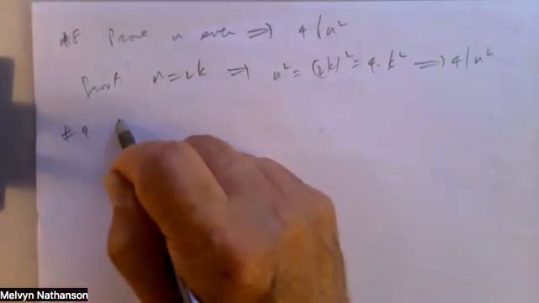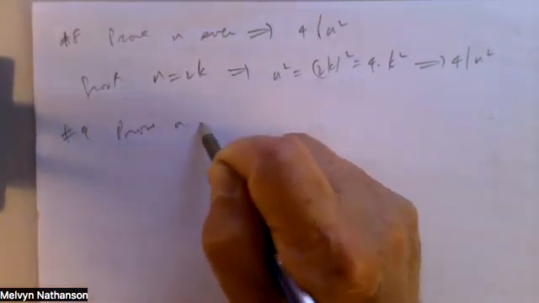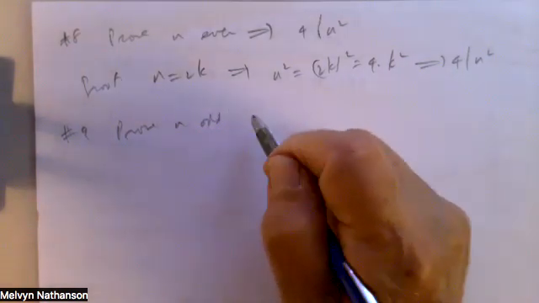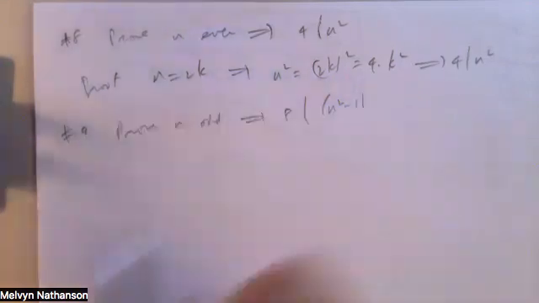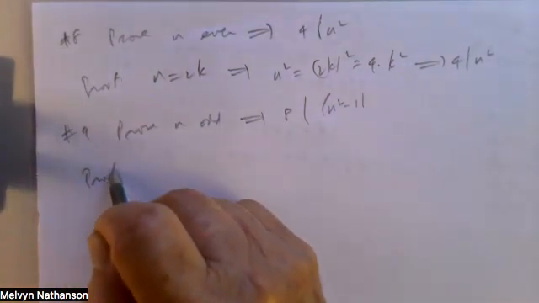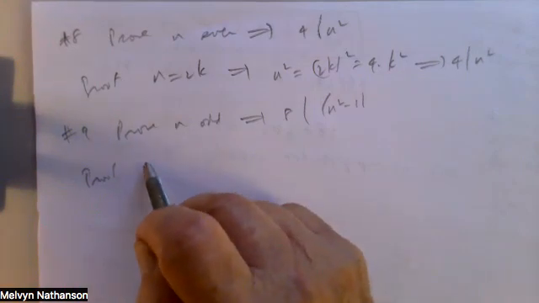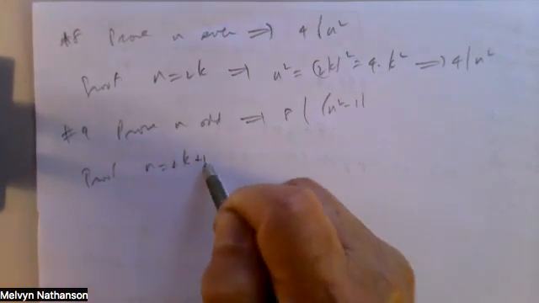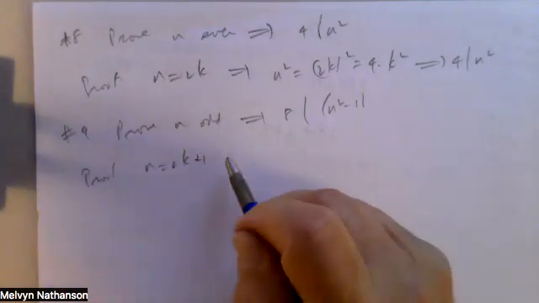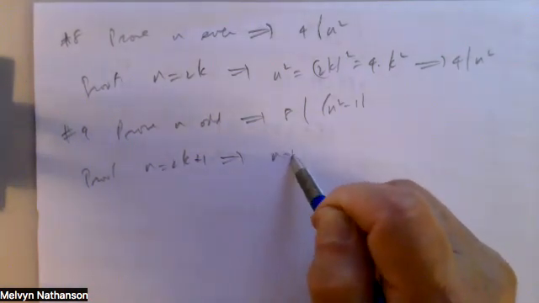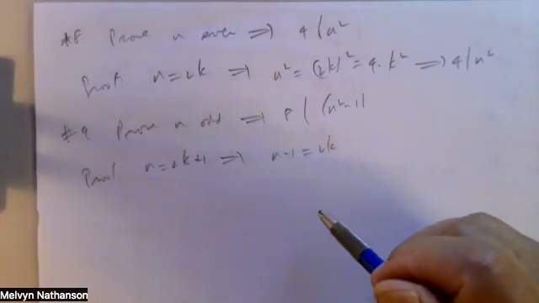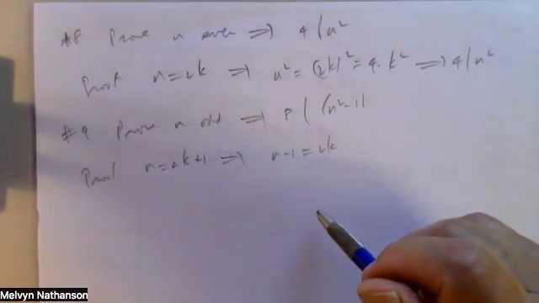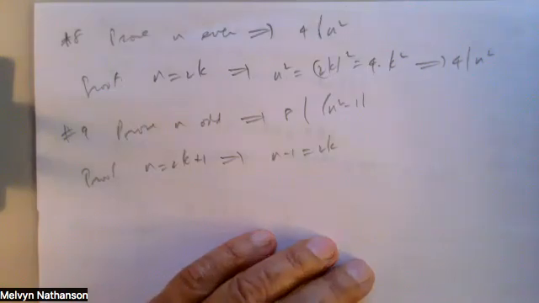Problem 9 is to prove that if n is odd, then 8 divides n squared minus 1. So the proof is very similar. If n is odd, n is 2k plus 1 for some integer k. Actually, let me do it a better way than that.